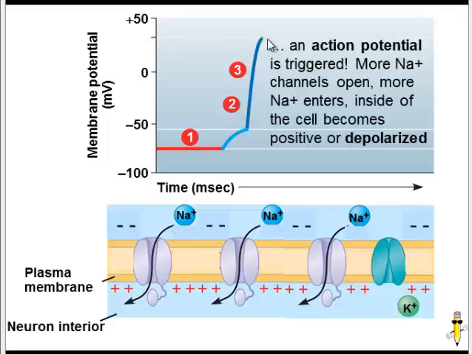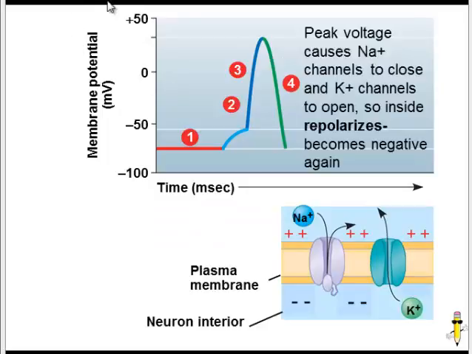All right, we are now in the positive area. At this point, the neuron is said to be depolarized. So positive means depolarized.